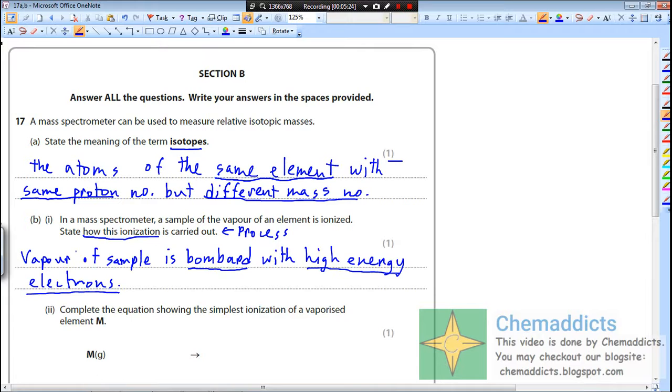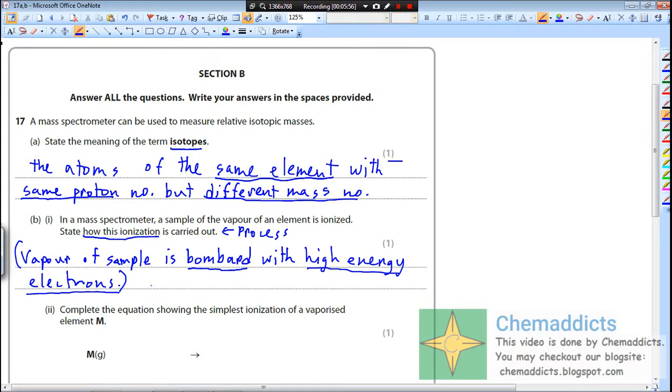So we will only be concerned with this part, that vapor of sample is bombarded with high energy electrons. That's it, since the total mark for this question is 1.